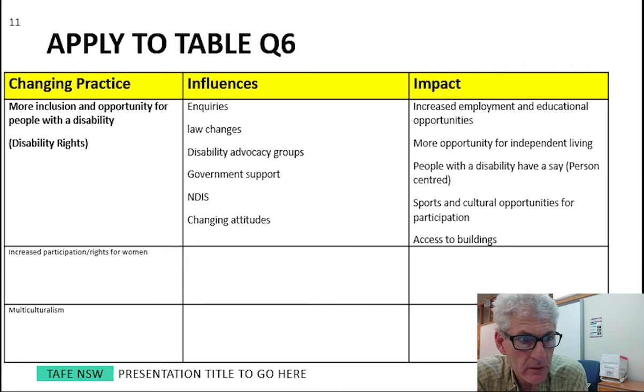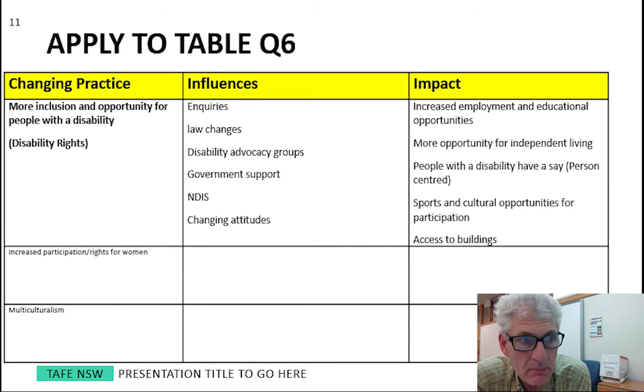So continuing on with table 6, other examples where we might have seen a change in practice. So inclusion and participation and the rights of women. Think about what's been an influence in that sphere. So things like getting the vote, the suffragette movement, changing legislation.